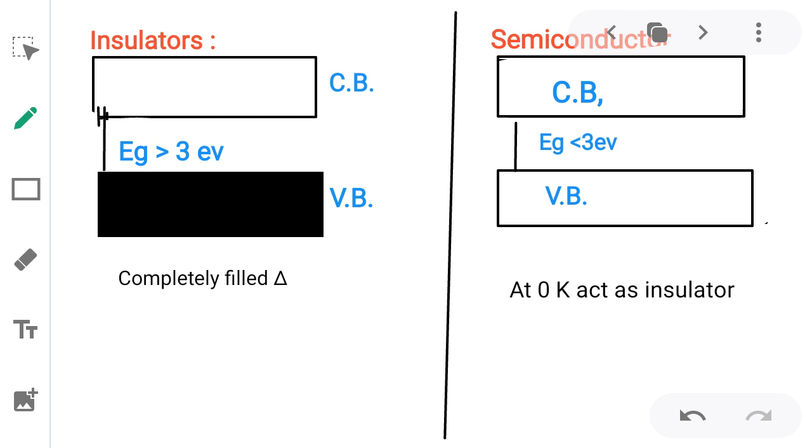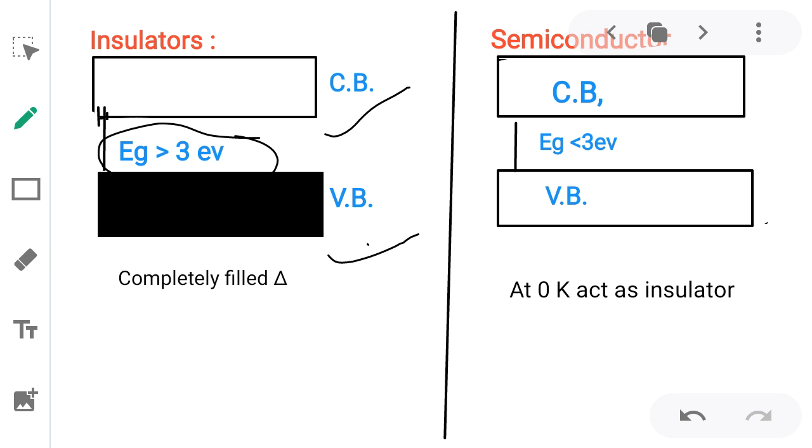Next, insulator and semiconductor. In the insulator, the valence band is completely filled and the conduction band is completely empty, and the most important thing is that the energy gap is greater than 3 electron volt.